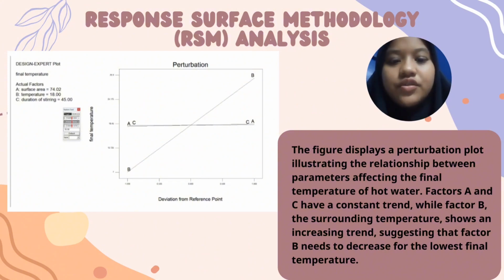This figure shows a perturbation plot illustrating the relationship between parameters affecting the final temperature of hot water. Factors A and C have a constant trend, meaning they do not really affect the final temperature of hot water, while factor B shows an increasing trend, suggesting that the factor needs to be lower to get the lowest final temperature.